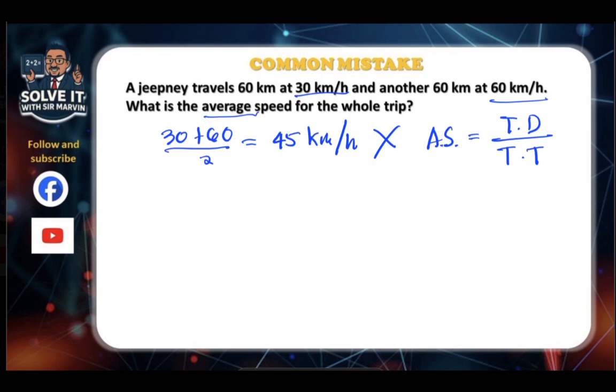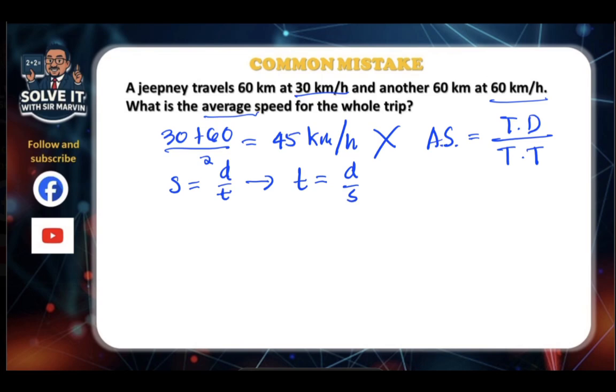First, since the jeepney travels 60 kilometers at 30 kilometers per hour the first time, you make use of the formula speed is equal to distance over time, which converts to time is actually distance over speed.